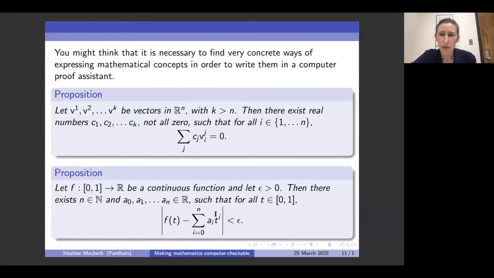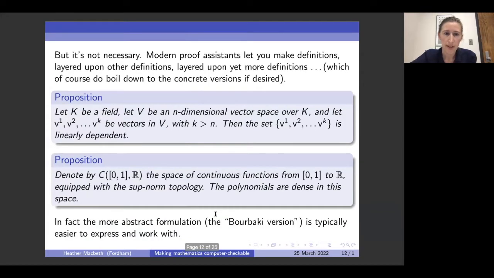And the point I want to make is that this is really not necessary with modern theorem proving languages. So you can express it in the language that you would naturally express it to a colleague. You can express the first statement as saying that if you have an n-dimensional vector space over a field and a number of vectors in that vector space which is greater than the dimension, then they're necessarily linearly dependent.